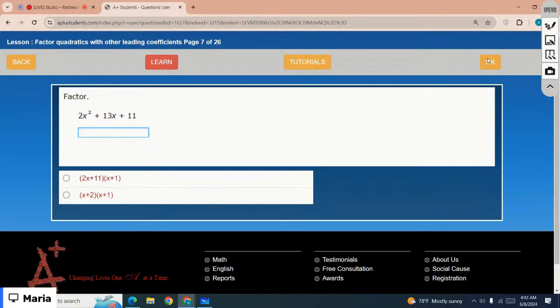That is option number 1: 2x plus 11 times x plus 1.